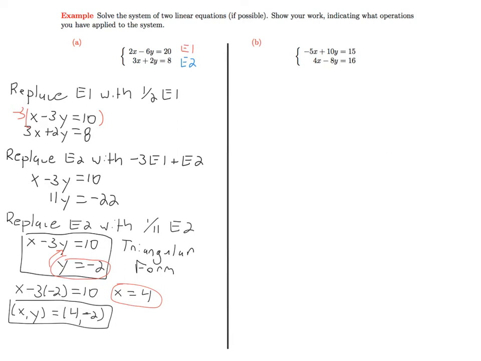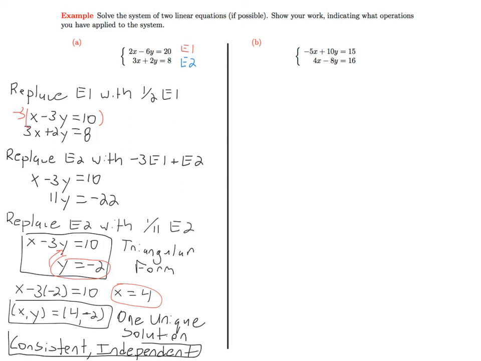And we'll clean up this notation in a second, but since here we have exactly one unique solution, we say that this system is consistent since it has a solution, and we say that it's independent since there's only one such solution.